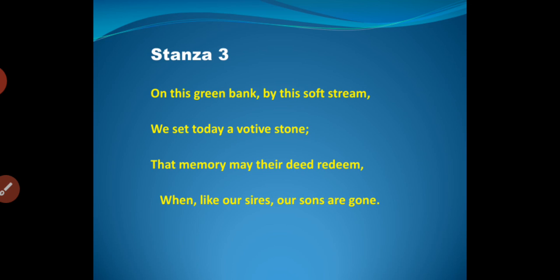He reminds not only those who listened at the original dedication ceremony, but also readers today of the importance of remembering their loss and keeping it at the center of the memorial that was established. We set today a votive stone, that memory may their deeds redeem. So the poet wants the people to remember it.